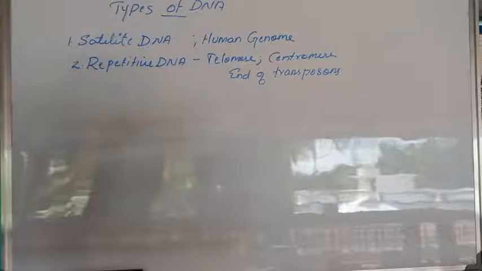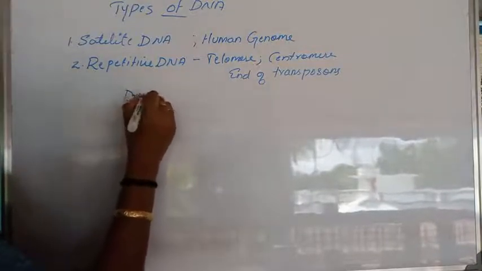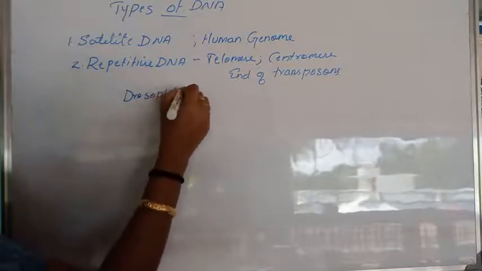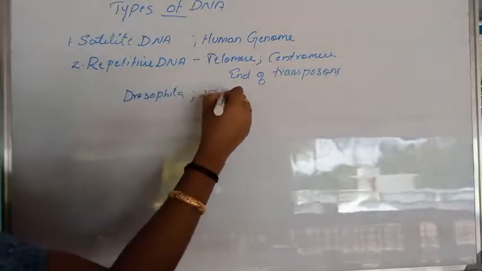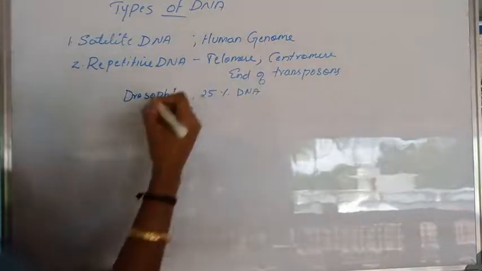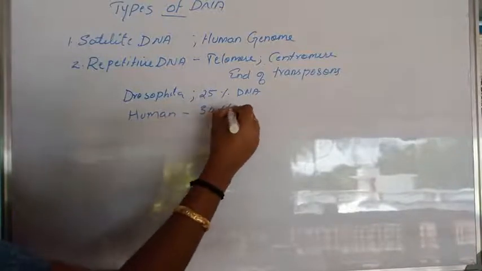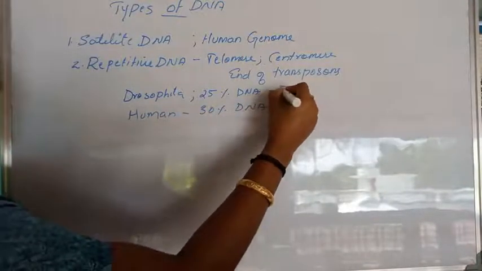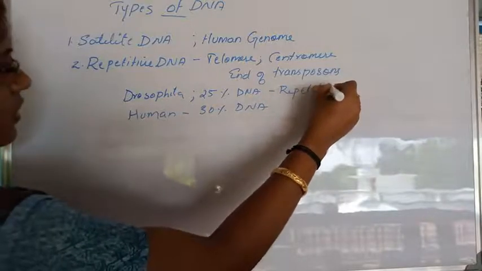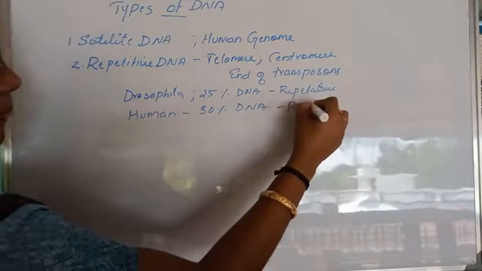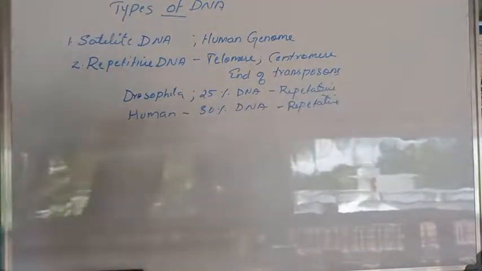In Drosophila, about 20% of DNA is repetitive DNA, and in human beings, 30% is repetitive DNA. So these are about repetitive DNA.